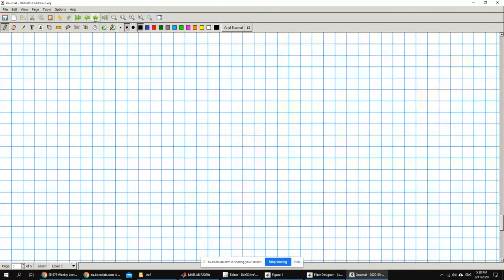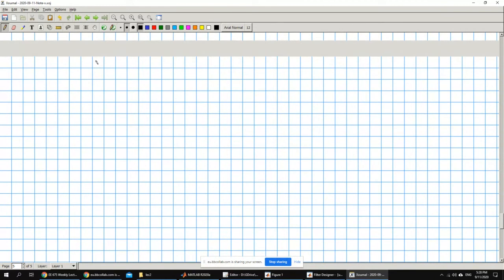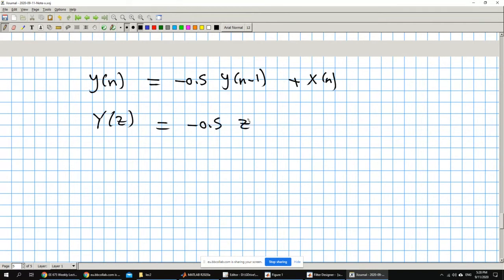You'll find that it's extremely simple. If you have y of n equal to minus 0.5 y of n minus 1 plus x of n, just take the Z transform: y of z equals minus 0.5 z to the minus 1 y of z plus x of z.